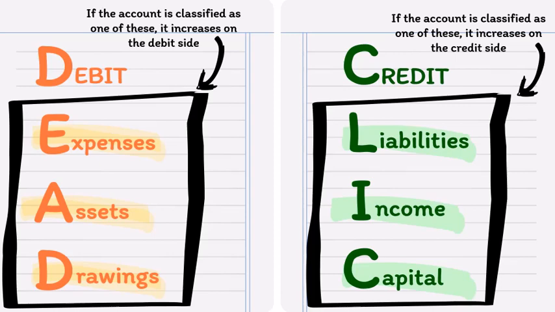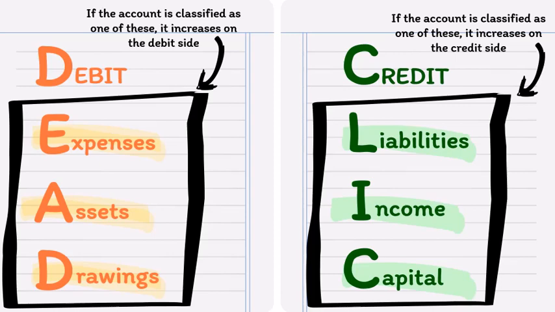Now, something that is very important is that if an account increases on one side, so all the DEAD accounts increase on the debit side, then they will decrease on the opposite side. In other words, expenses increase on the debit side but decrease on the credit side. Same with assets, same with drawings.